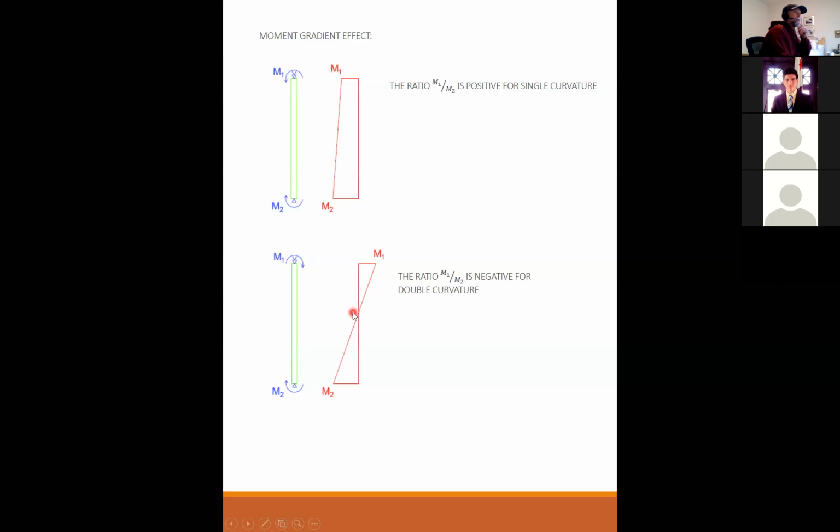Actually, let me back up a little bit. See how I'm saying M1 over M2 is positive for single curvature and negative for double curvature? That applies in this equation right here. So this is 34 plus 12 times M1 over M2. If it's single curvature, then this is positive, so KL over r has to be less than basically 46, or 40.